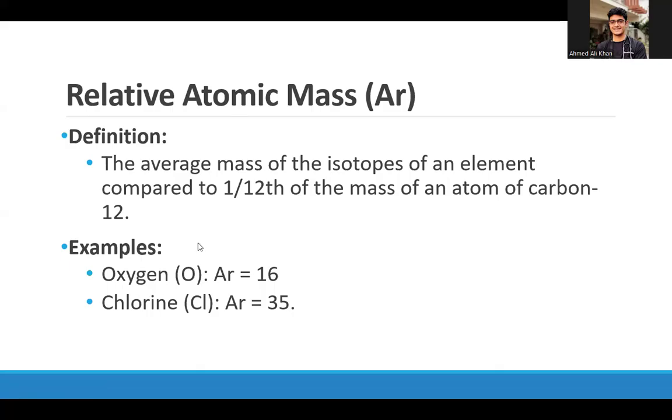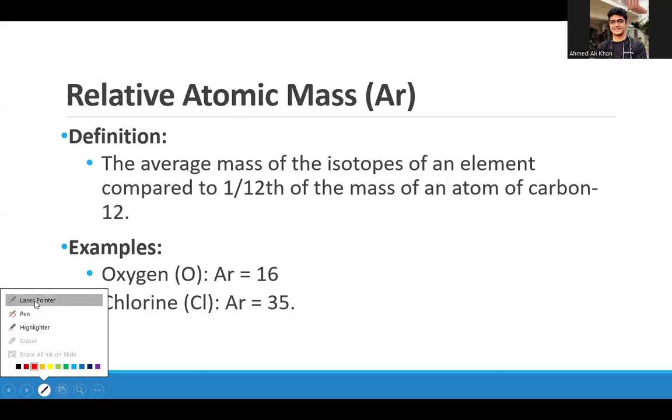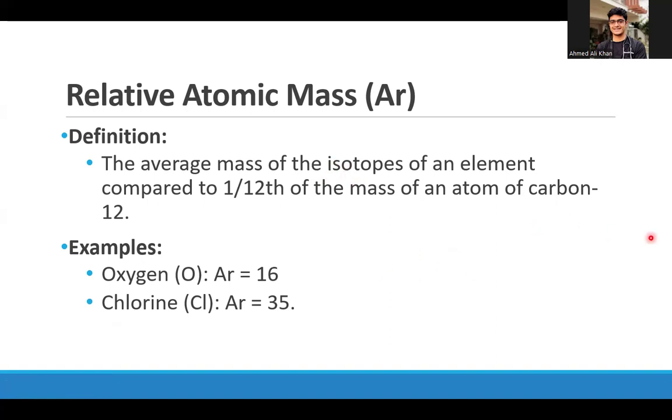Every isotope has a different mass, but they have the same proton number. So the weighted average of the atomic masses of all of those isotopes combined is known as the relative atomic mass, the AR, compared to 1/12 the mass of a carbon-12 atom.